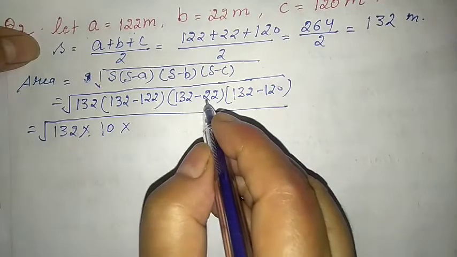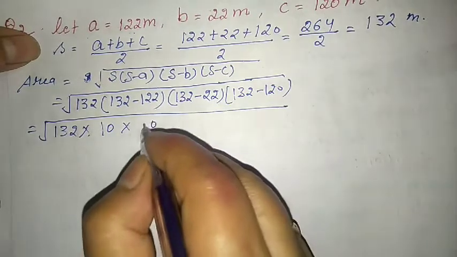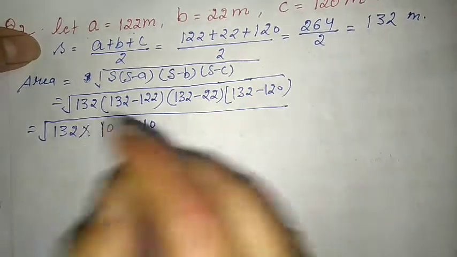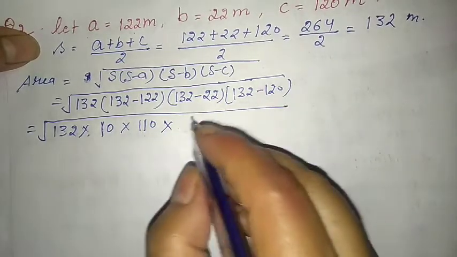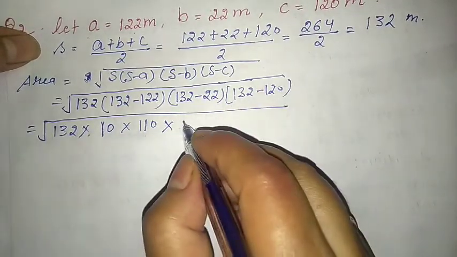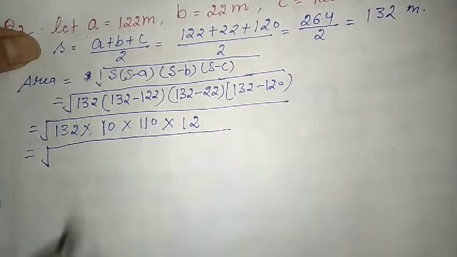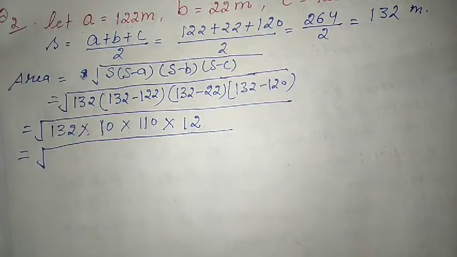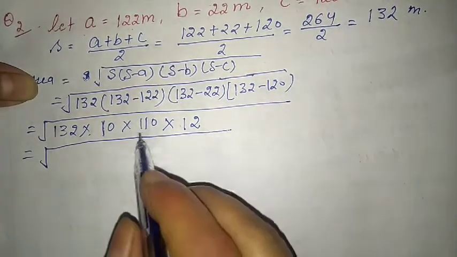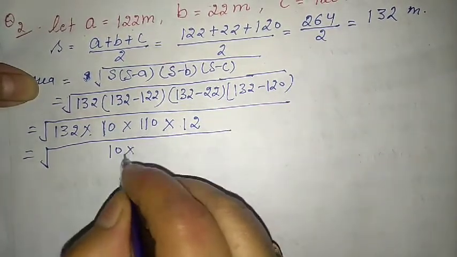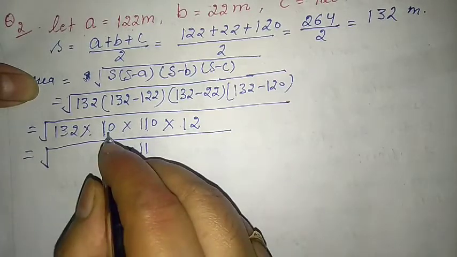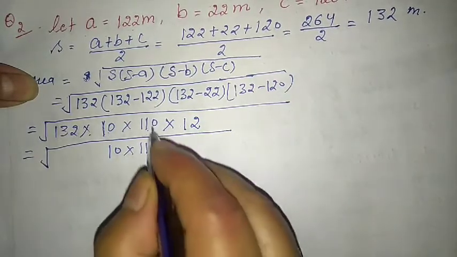This also we subtract, 2 minus 0, 110. This also we subtract and get only 12. So you know how we can remove it from the root.